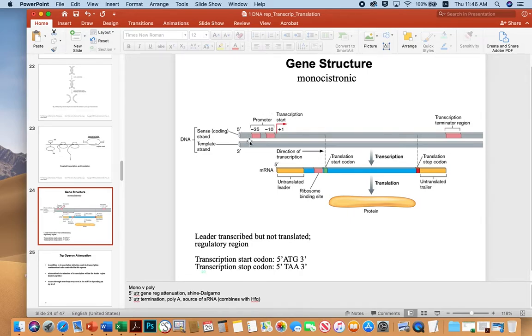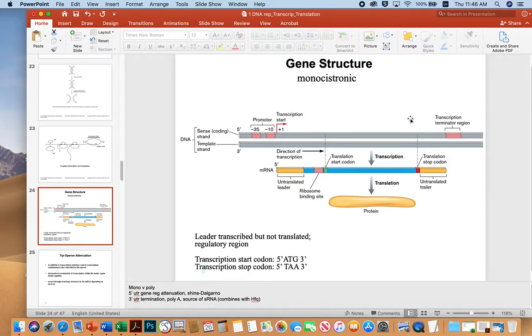Over here you see the promoter and the main elements of the promoter, the -10 region and the -35. Again, in another slide, I'll show you specific -10 and -35 consensus sequences. These are the regions the RNA polymerase would look for, and that would tell it where to initiate transcription.